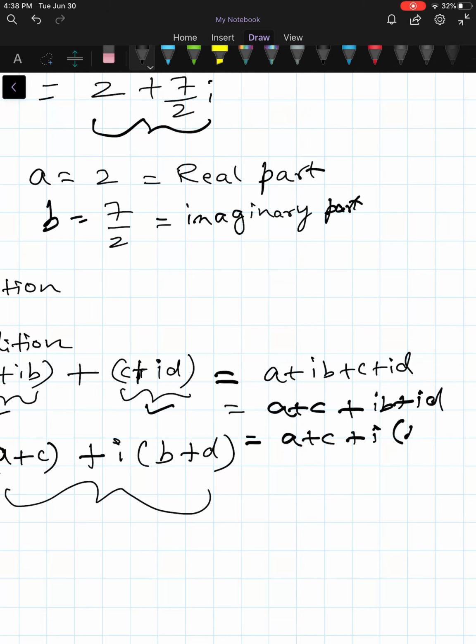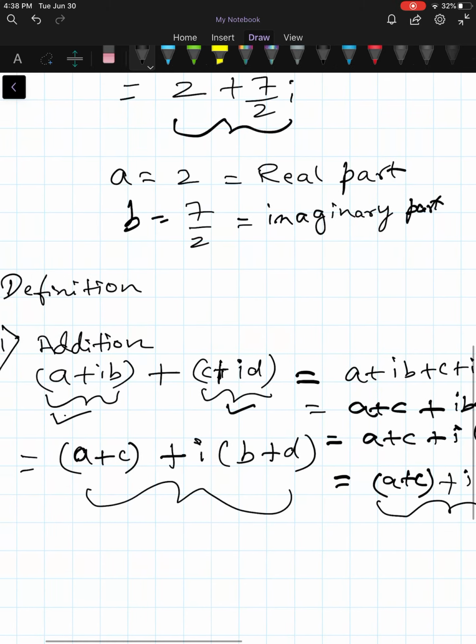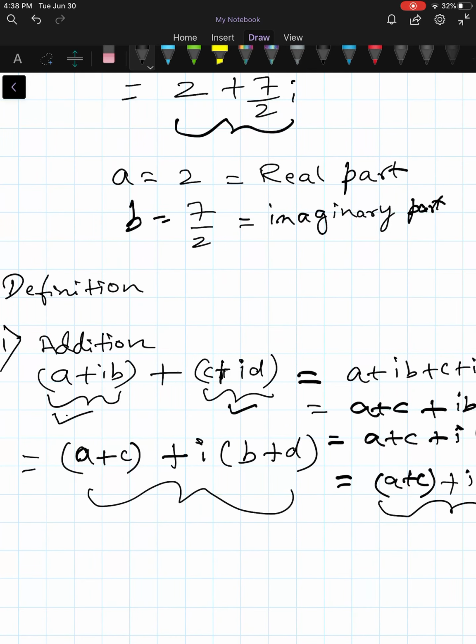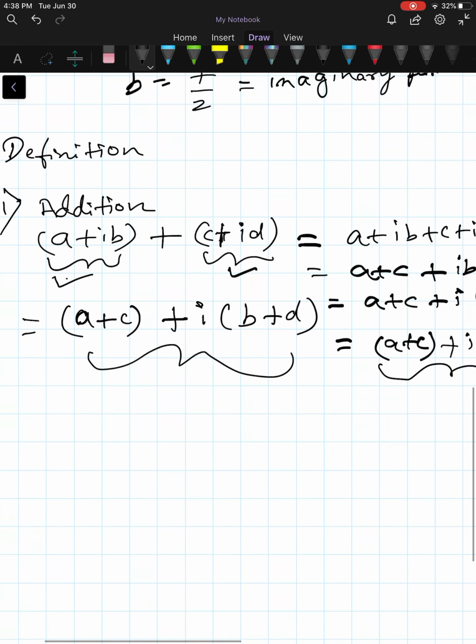That is i. So take out i common, and you are left with i times b plus d. So this is of the form a plus c, which is the addition of two real numbers that will again be a real number, plus i times b plus d, where b plus d is also a real number. So this is one complex number. That is how we got the definition of addition of complex numbers.